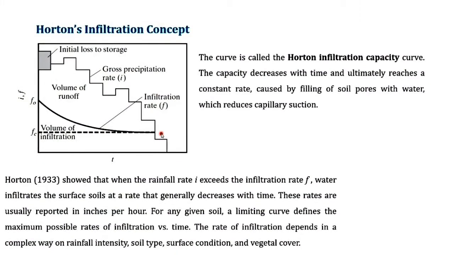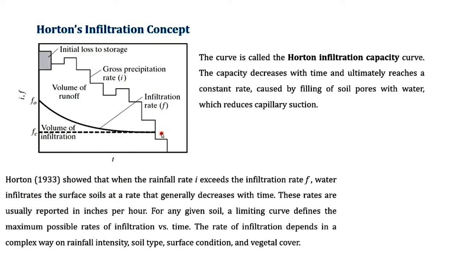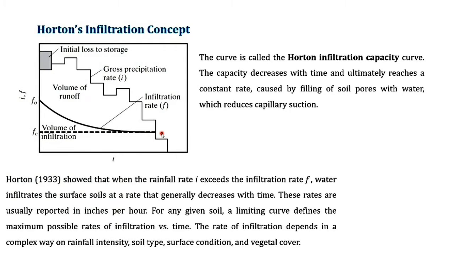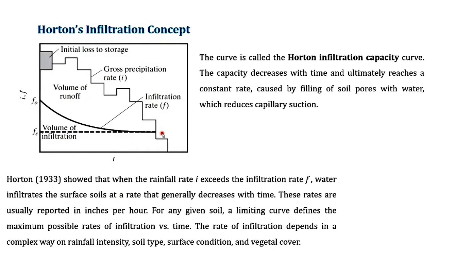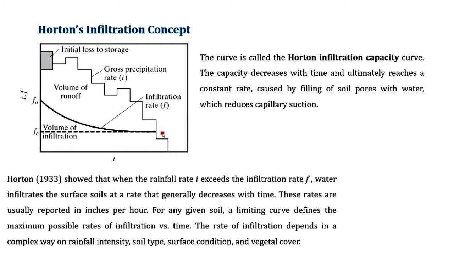Dito sa Horton's infiltration concept, papaliwanag ko kung ano-ano nga ba ang nilalaman ng Horton's model. Doon muna tayo sa F sub O. Ito yung nakabold na curve line na tinatawag na Horton infiltration capacity curve. Kung mapapansin natin ay pababa yung kabilang dulo ng curve na nagre-represent na kapag ang lupa ay napuno na ng tubig ulan ay nare-reduce ang capillary suction nito.